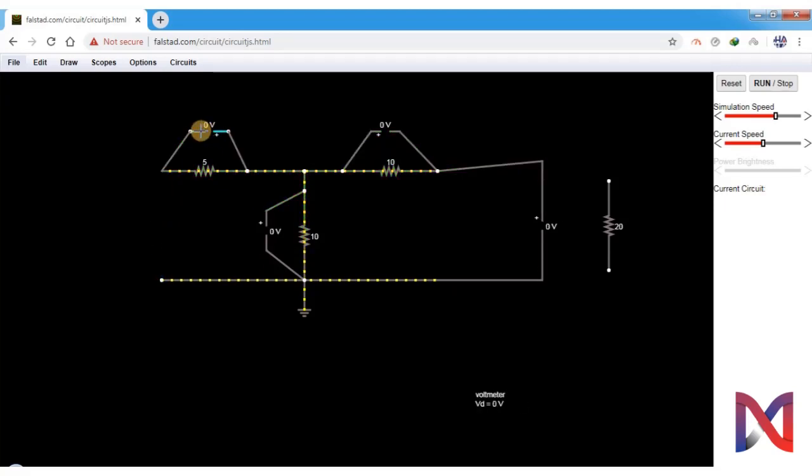We will also delete all voltage meters and wirings for making our circuit as simple as possible, so that we can calculate our Norton resistance or Thevenin resistance quickly.